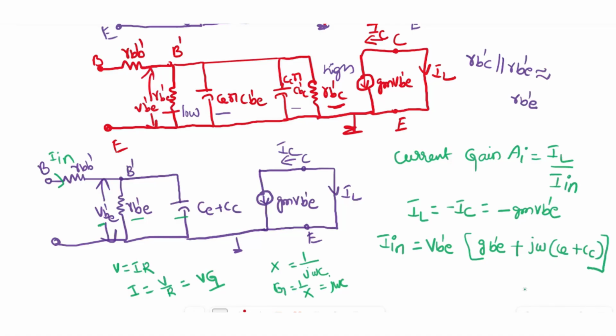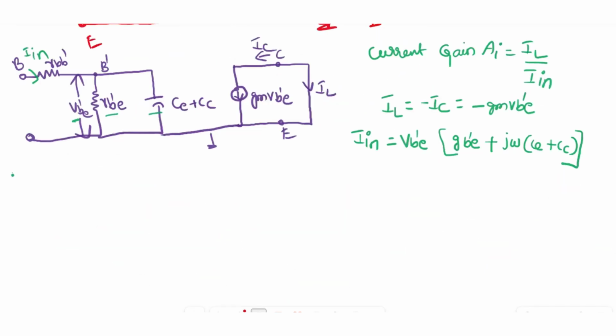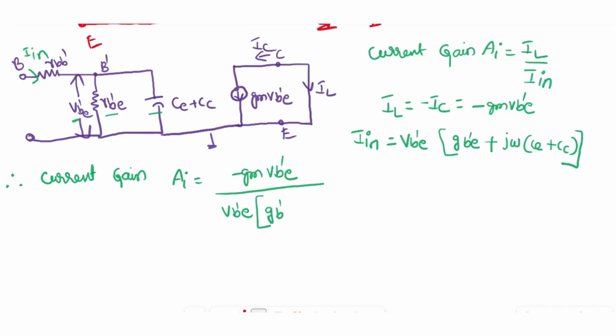Okay, so now what is Ai? Therefore, current gain Ai is minus gm Vb'e by Vb'e of Gb'e plus j omega of Ce plus Cc.